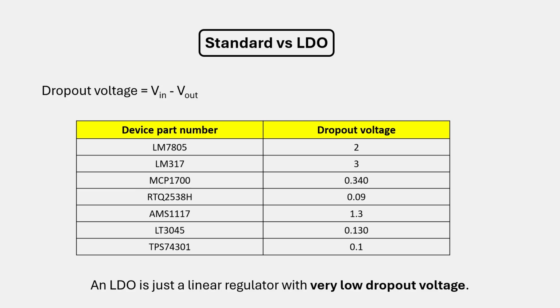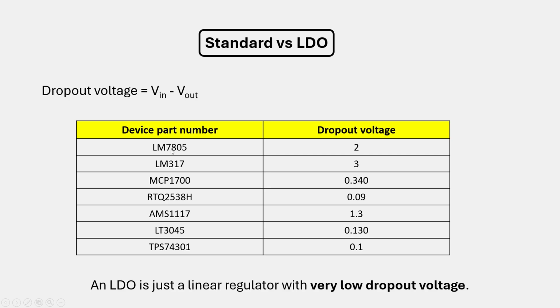So after this big introduction, what is an LDO anyway? You keep hearing LDO this, LDO that. Basically there are what we call the standard linear regulator and the low dropout regulator, which is the LDO. So we can talk about the dropout voltage, which is basically the difference between input and output, as I explained in the previous section of this video.